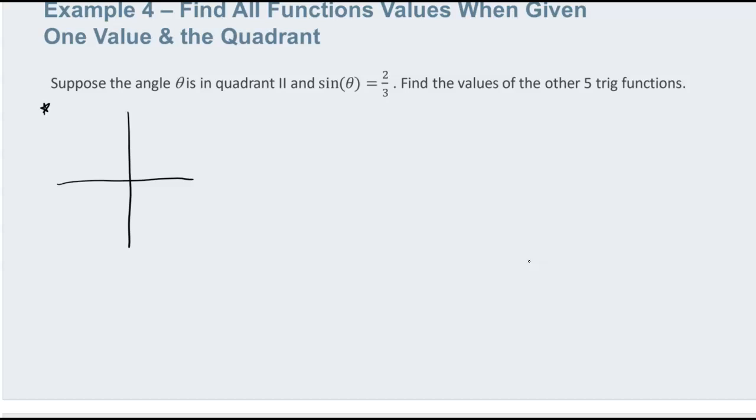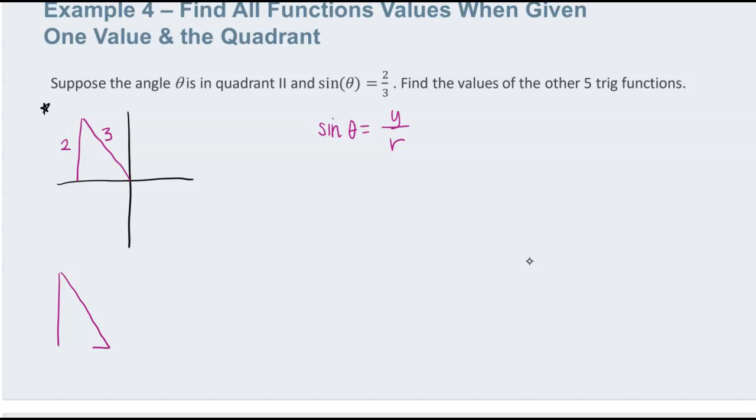The sine, remember, is y over r. So if I draw a picture here, y is, it looks like, going to be 2, and r is going to be 3. I need to figure out what x is to find the other trig values.